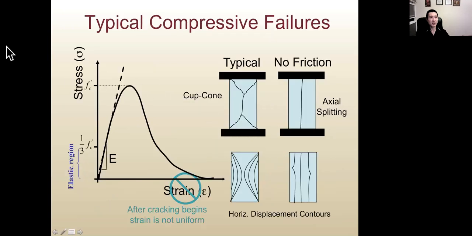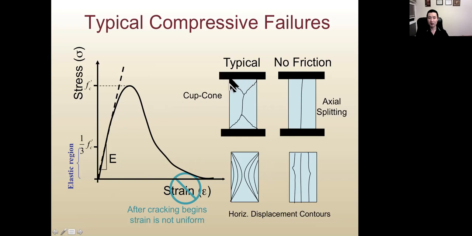We showed these slides before. Here shows the typical compressive failure for concrete materials. Initially we have an elastic region. Later on, when micro cracks are generated, concrete becomes viscoelastic, so the slope will change and become smaller, which means the E value becomes smaller.